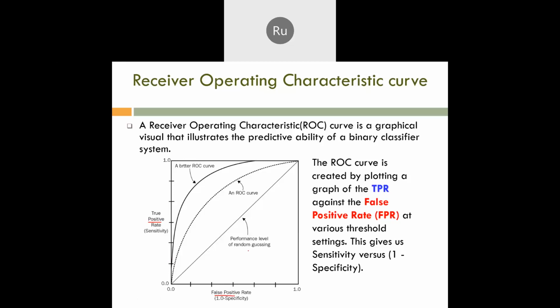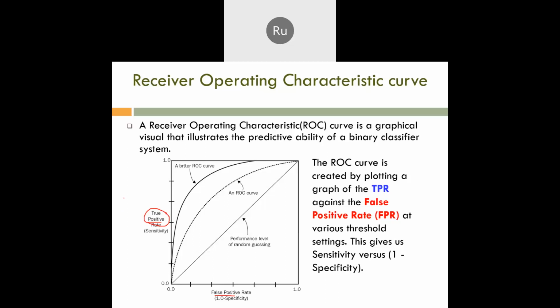This is to measure or to compare the performance of one model to the other. So if someone asks you, how do you compare the performance of models, we can say we can use the receiver operating characteristic in order to compare the two models that we have. So what is true positive?